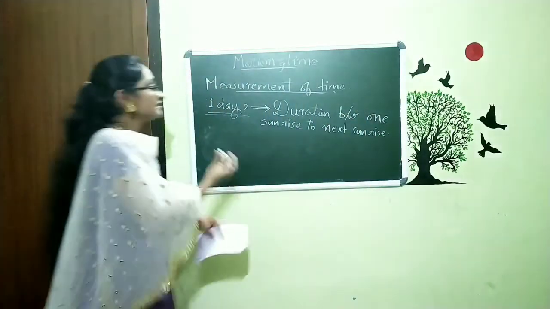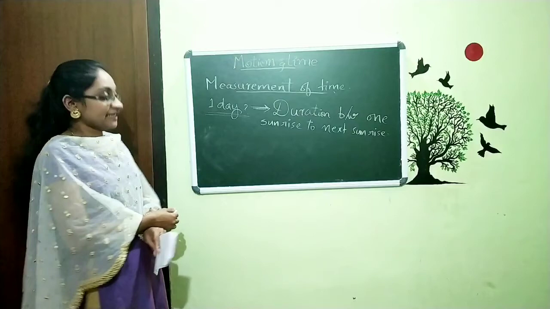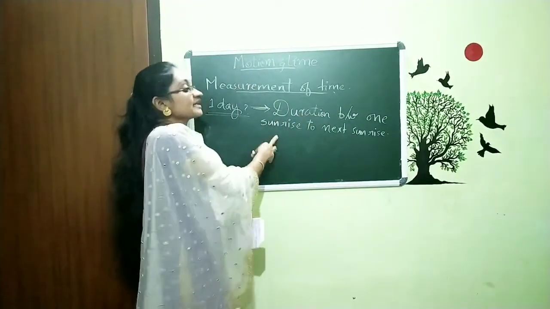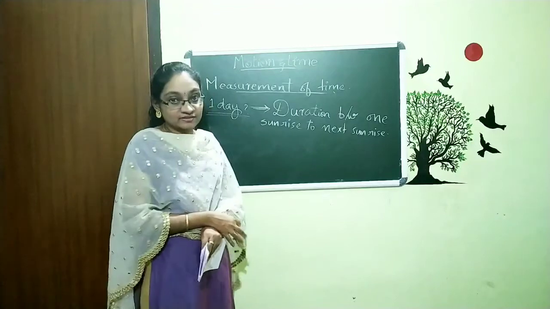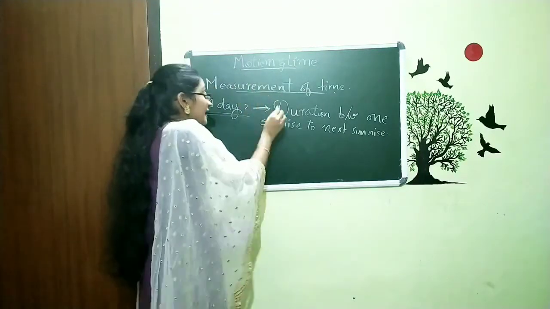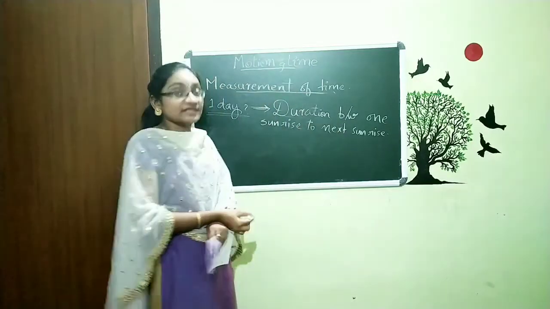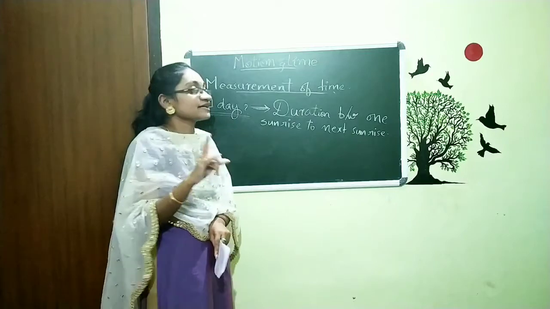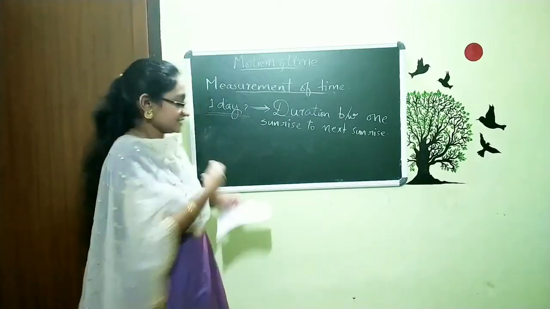So, we can define this one day very simply like that. What is this? It is the duration between one sunrise and the next sunrise. We know it is 24 hours, and in a similar way they defined this one day. It is the duration between one sunrise and the next sunrise.